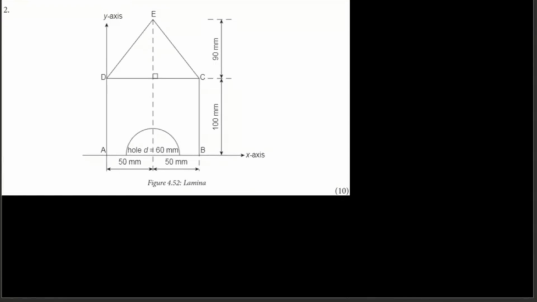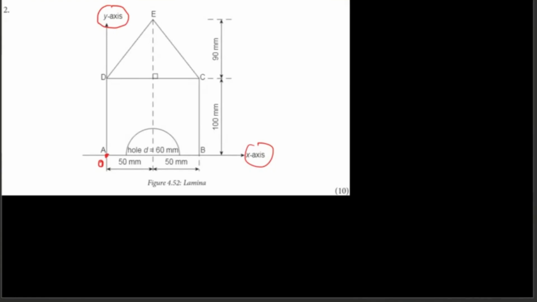The first thing I want you to observe is that this is your y-axis and this is your x-axis. Whatever you are measuring, whether x1, y1, x2, y2, y3 or y5, it has to be from the axis, from the origin there.